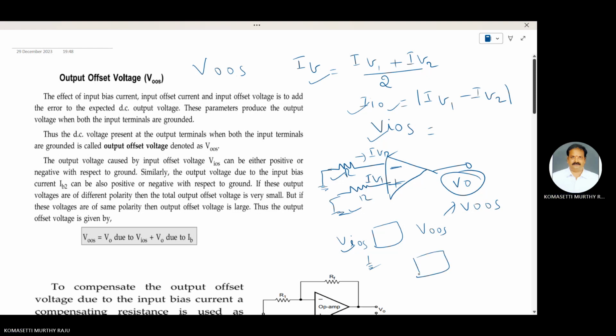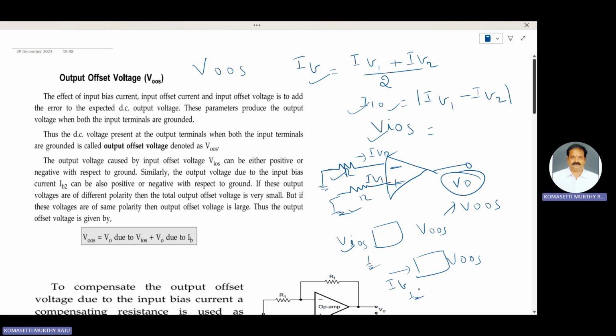Similarly, the output offset voltage due to input bias current, IB, can also be positive or negative with respect to ground.